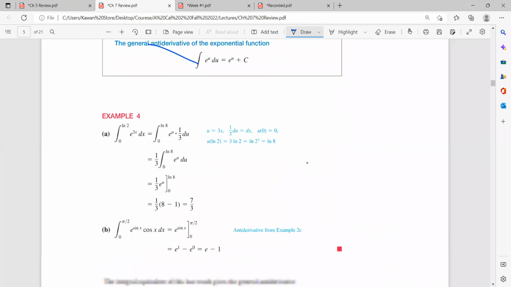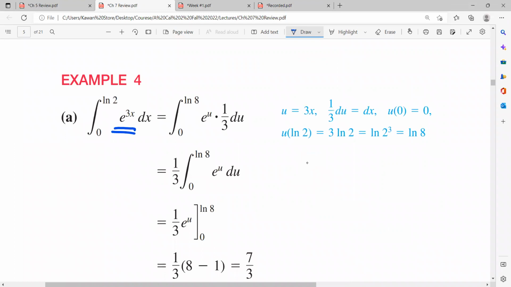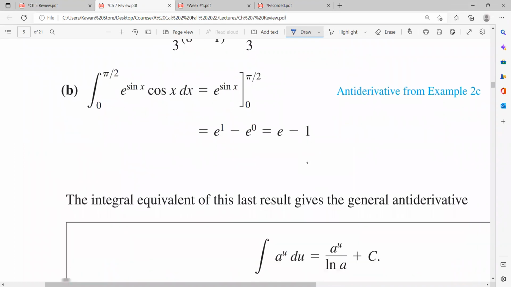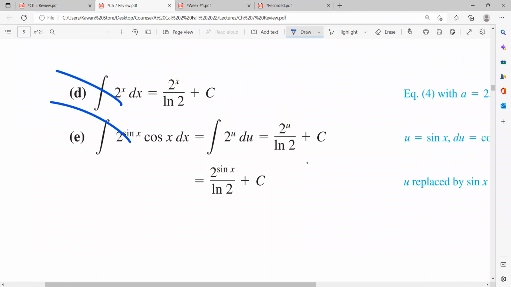And also we have that one. Look at the examples. All of them are familiar to you. You know how to deal with them. And that one also is familiar to you. All of them. So we cover most of the review.